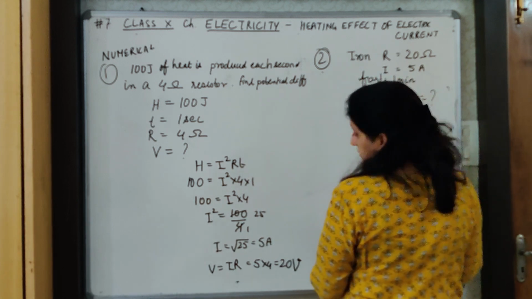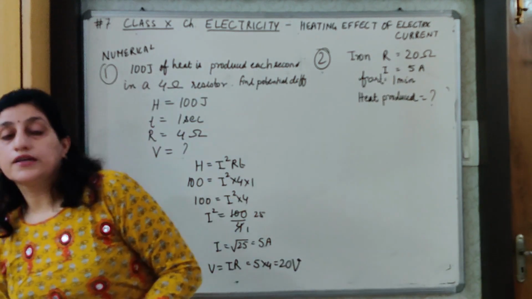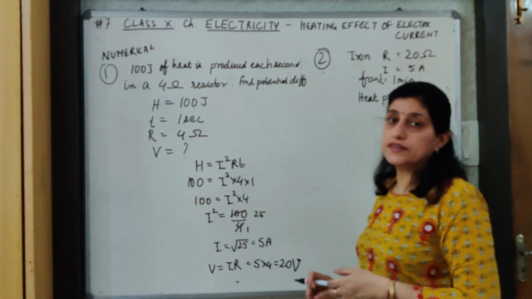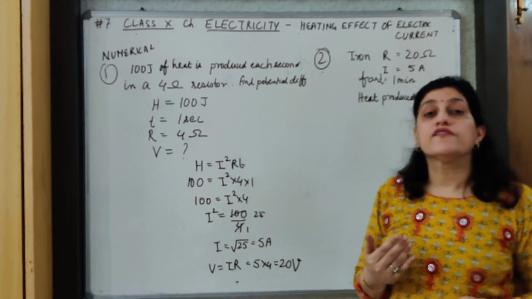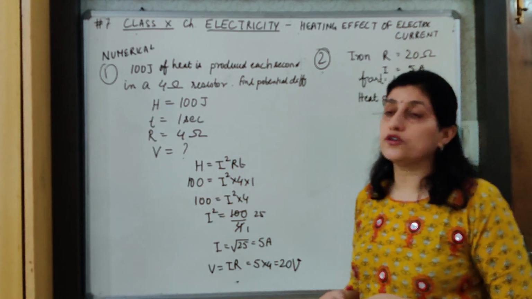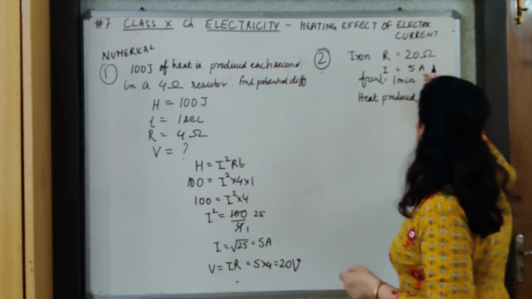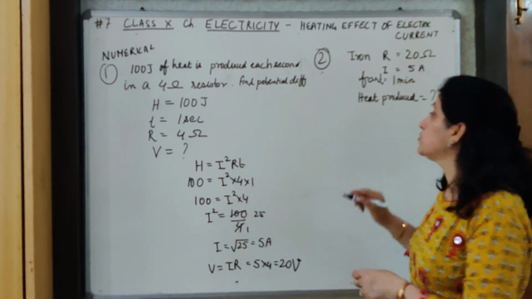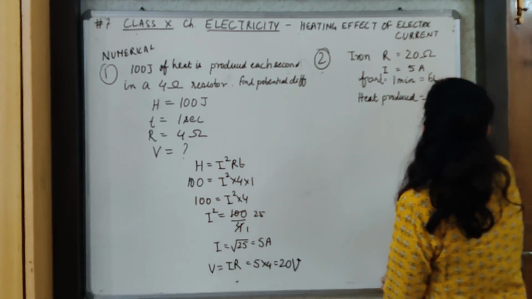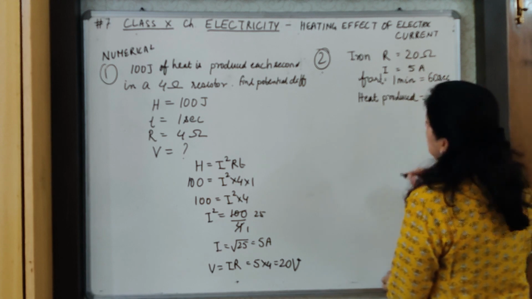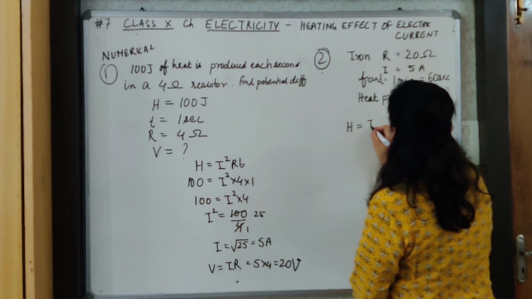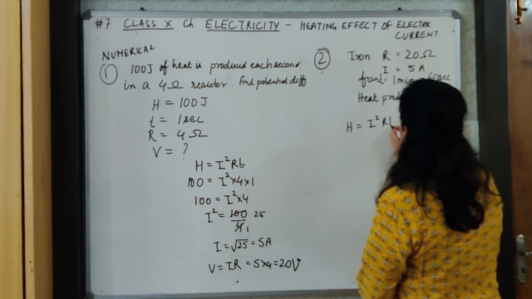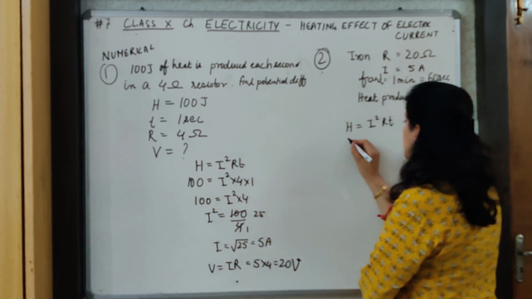Time is 1 minute. Now children, I keep on repeating that whenever we record the information, my first step is to check whether it is in the SI unit or not. So these are both in SI unit, but time is not in SI unit. So I will convert it to SI unit. It becomes 60 seconds. So the heat produced here will be H is equal to I square RT using the formula of Joule's law of heating.